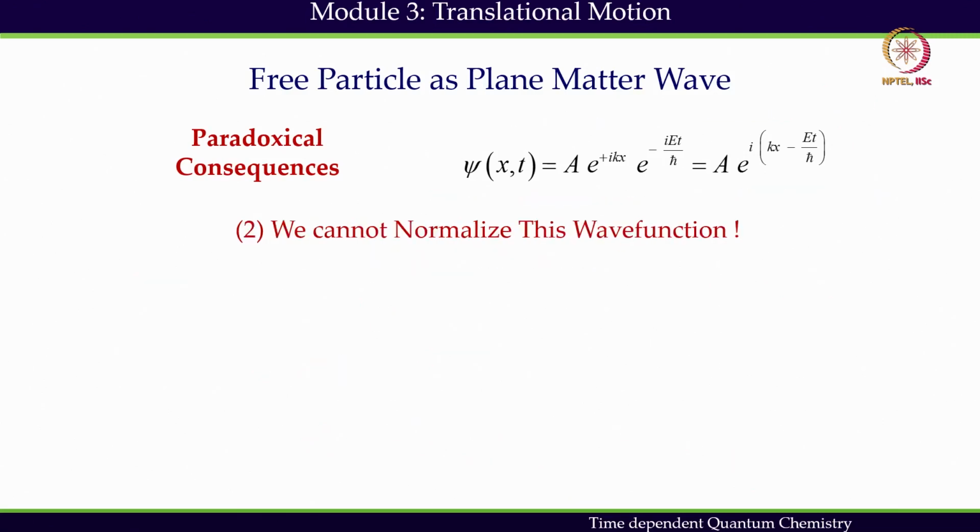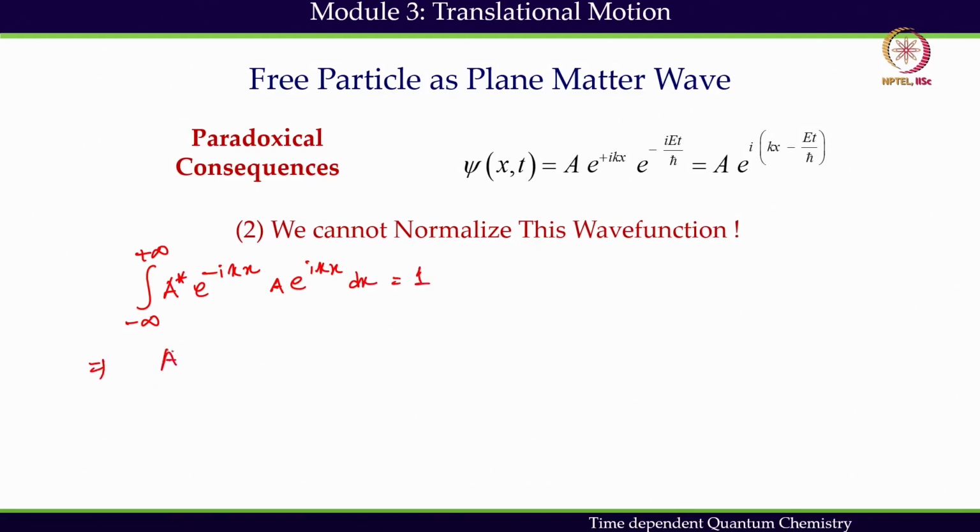Second strange consequence is following. Let us normalize this wave function. For quantum dynamics, to explore quantum dynamics, the first step is to use a normalized wave function that we have been saying in the last module. So, this is the normalization condition.